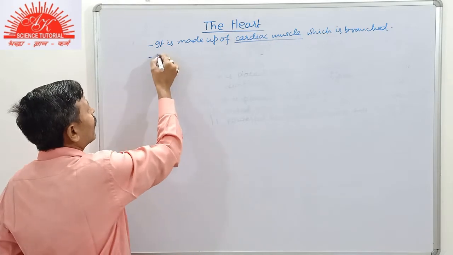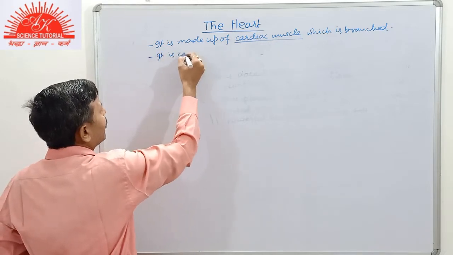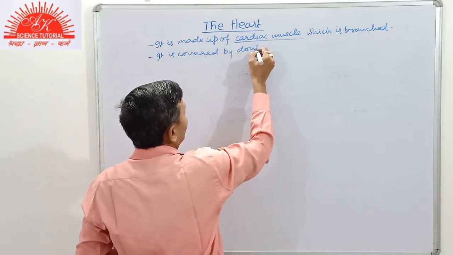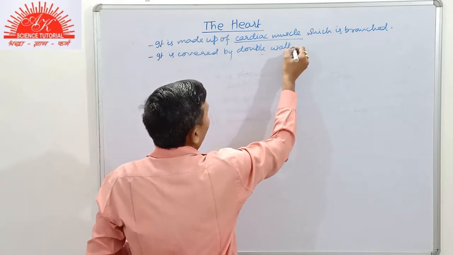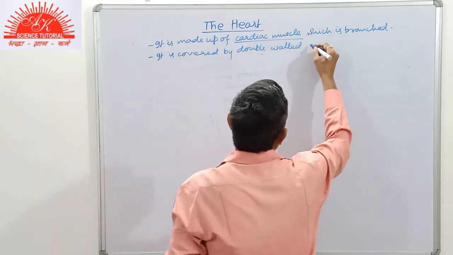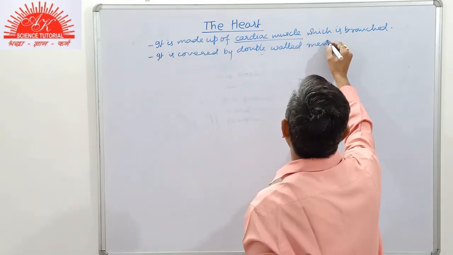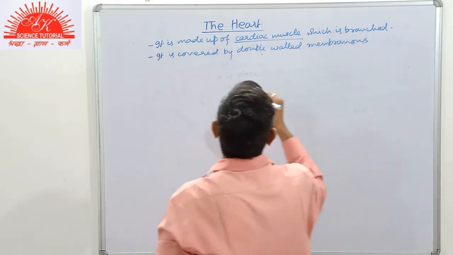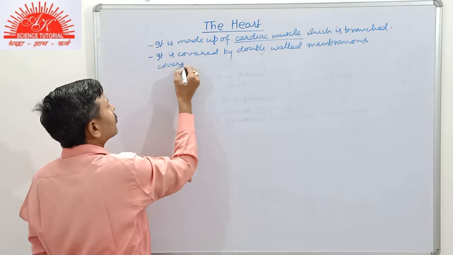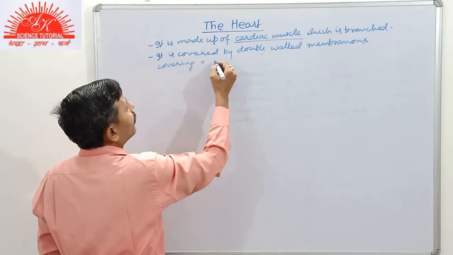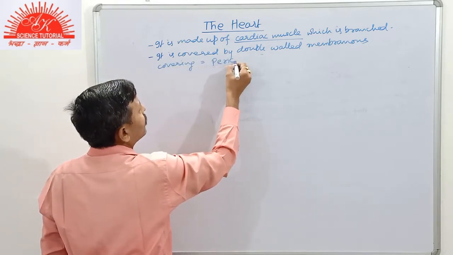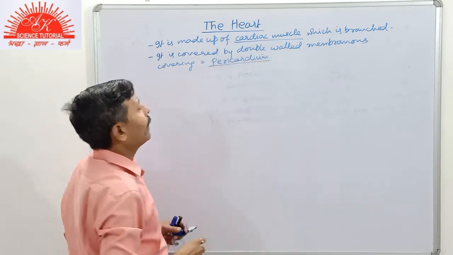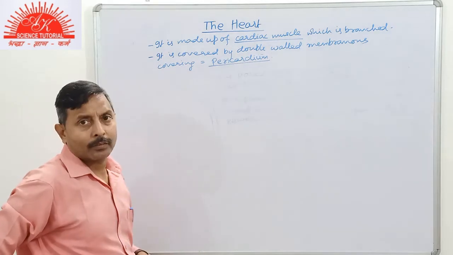Now you see, it is covered by a double walled membranous covering that is called pericardium, also called the pericardial membrane.